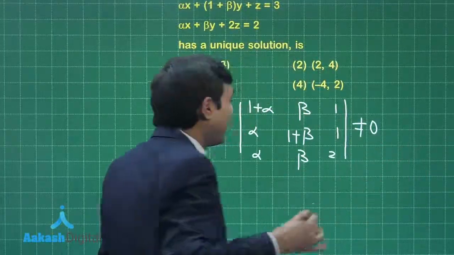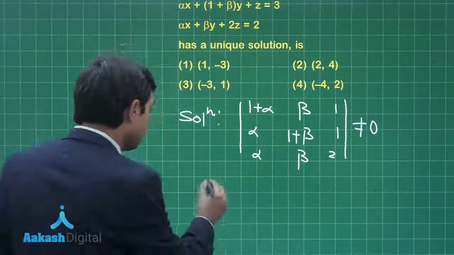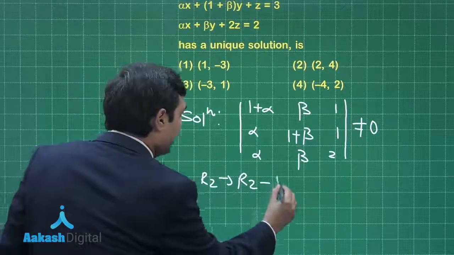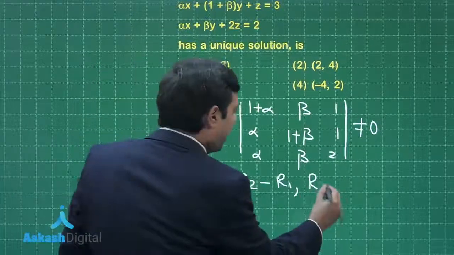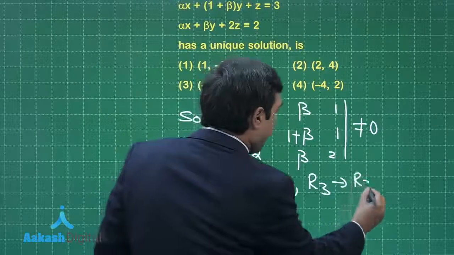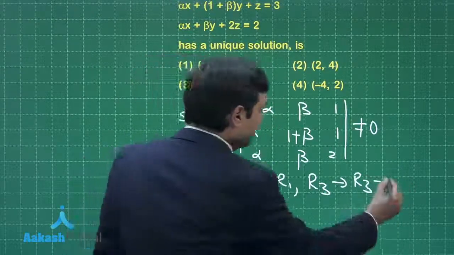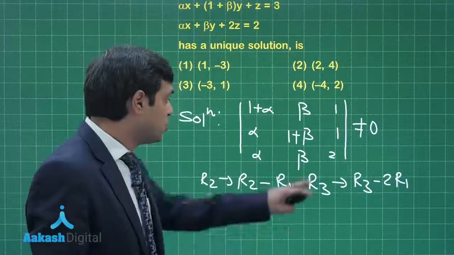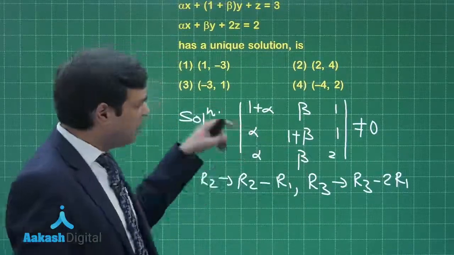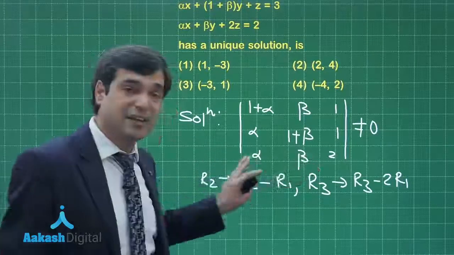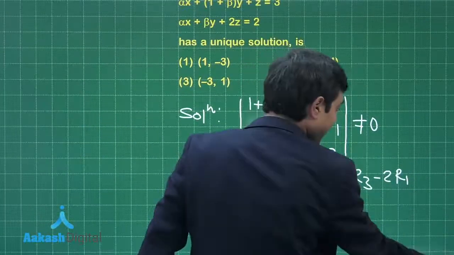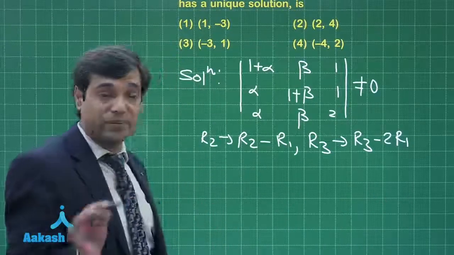Now, we can expand directly or we can simplify first, like R2 replaced with R2 minus R1 and R3 replaced with R3 minus 2R1. Either we can go with 2R1 so that this becomes 0, or we can simply go with R1 just to make the thing simpler. Either way, I am going with the approach of making two elements in one row or column 0.